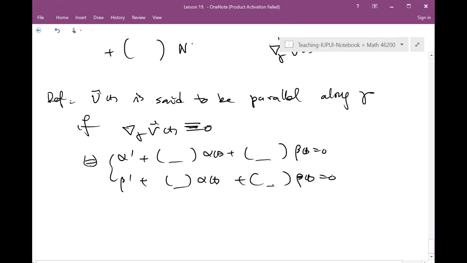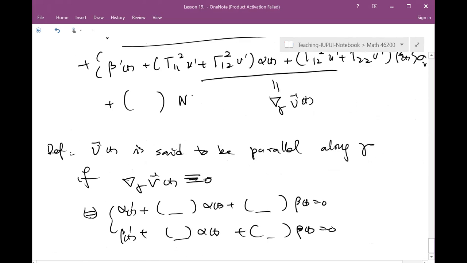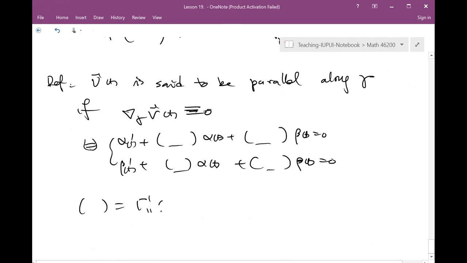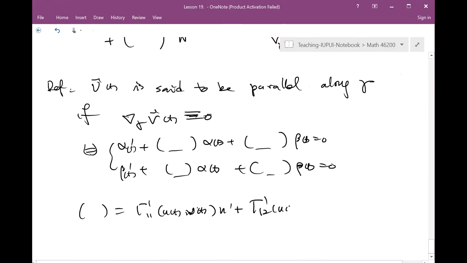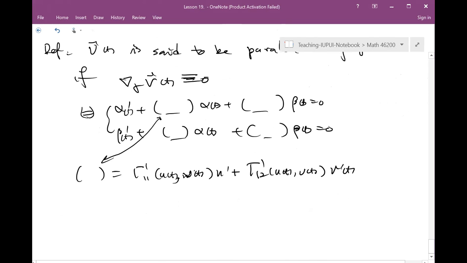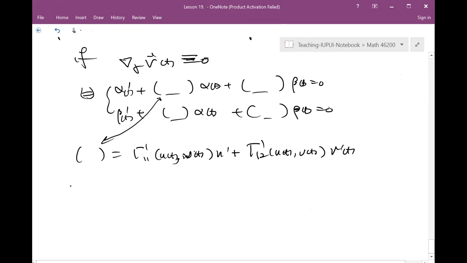Those are just functions of t, right? They depend on t only. For example, this is gamma 1,1, actually a function of t only. So what does that tell me?